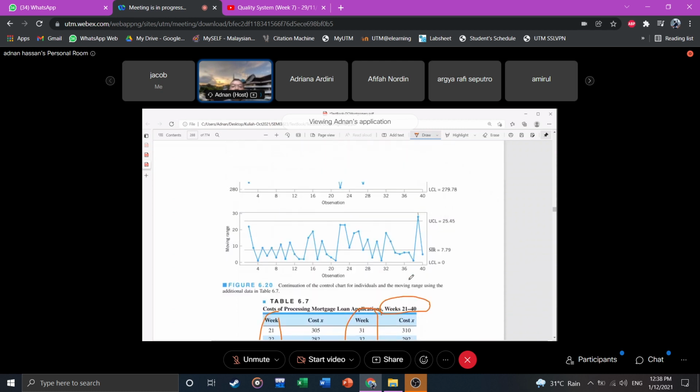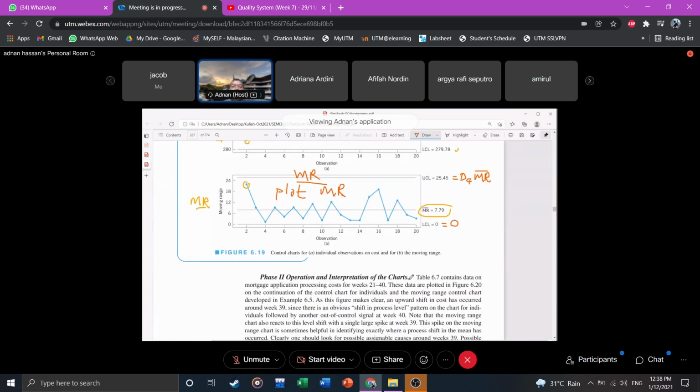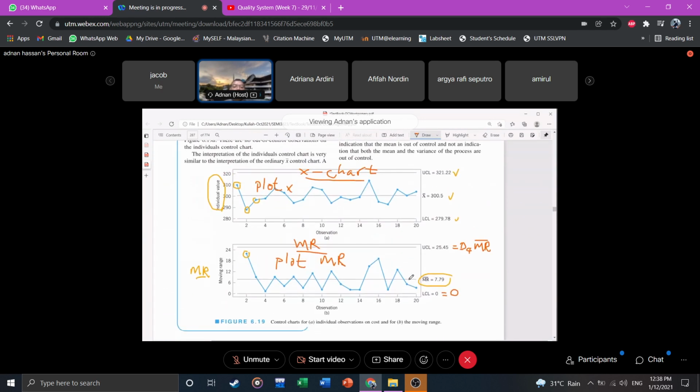So what we see from the earlier process, is there any problem or not from this plot? Is there any problem from this plot? You see any? This is not considering the pattern, just considering the normal rule where the point is outside the control limit. There is no point outside the control limit, right?